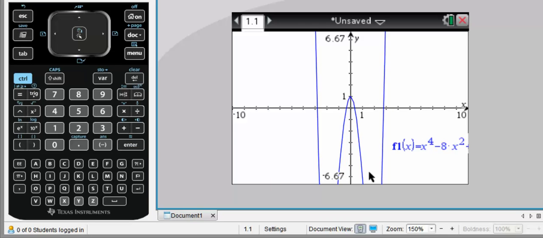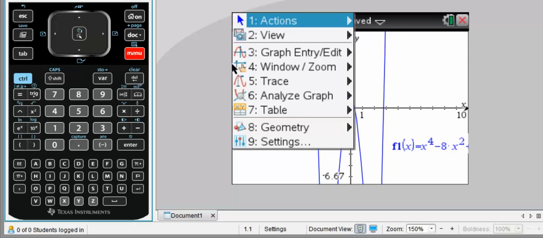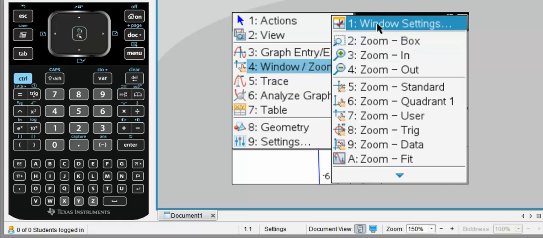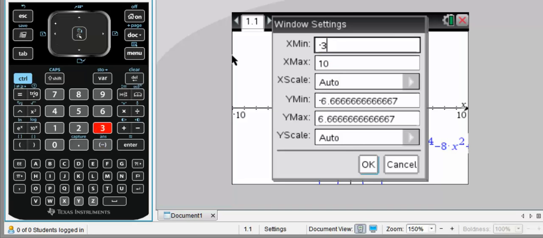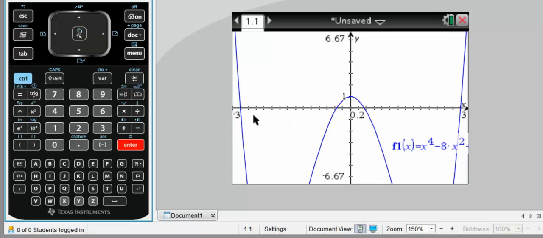And here's that W graph, although we can't see the bottom curve of it. So what I might do here is adjust the window. Let's fit it so that it goes 3 units to the left, 3 units to the right. So we'll go Menu, Window, change the settings to -3 to +3. And I'll just press enter here. I'm satisfied with the horizontal direction, but not the vertical direction.